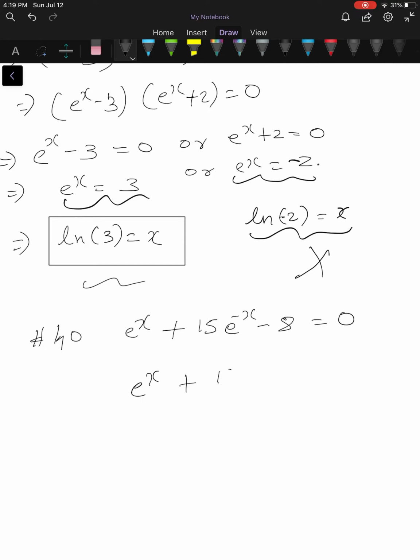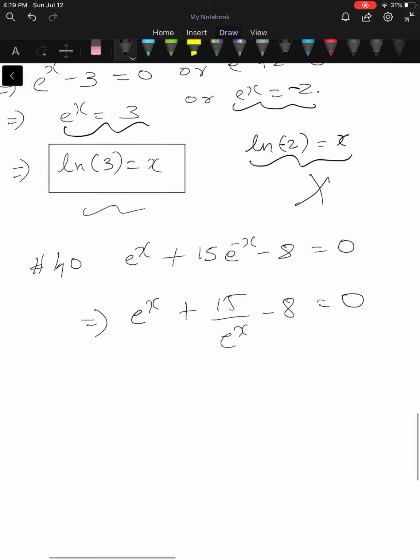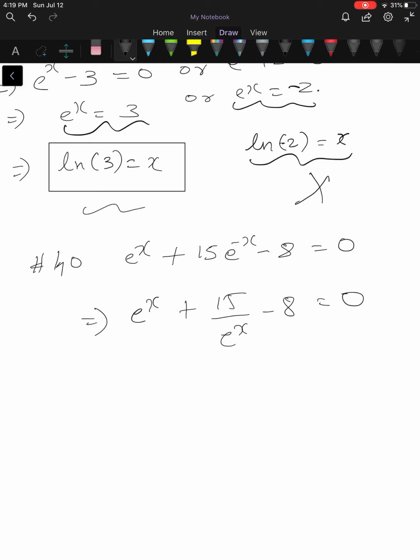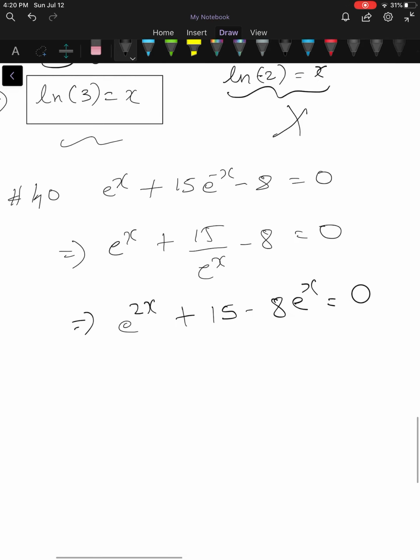To do this, e to the power of x plus 15 divided by e power x minus 8 is written in this format, and taking the LCM, this would be e to the power of 2x plus 15 minus 8 e to the power of x, and you have 0 on the right hand side. After cross multiplying, the denominator vanishes, so the equation reduces to just this format.